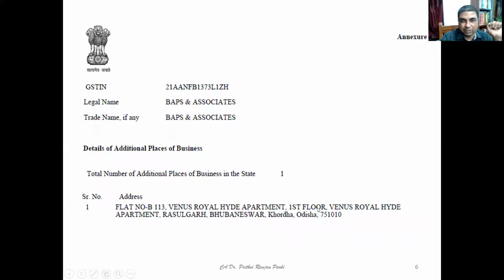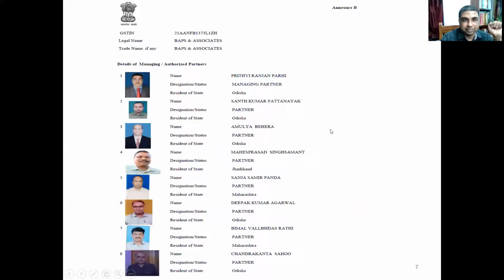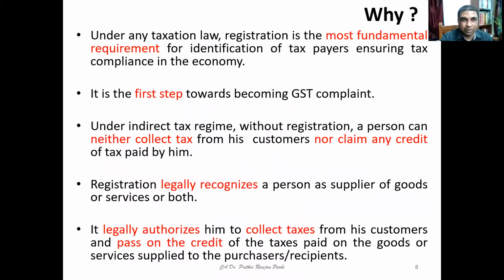One can find the business addresses here. Suppose it's a registration of partners, then one can also see who the partners of the firm are. So these are the contents of the GST registration.